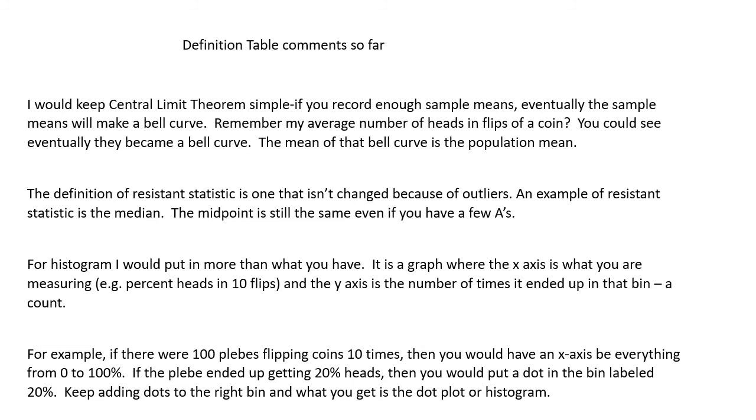A few of you got the definition of resistance statistic wrong. It's one that doesn't change due to outliers. So there's not a few A's that can change the grade. An example of a resistance statistic is the median. Whoever's in the middle, even if there's a bunch of A's, they still stay in the middle. The midpoint's the same, even if you have those A's in there.